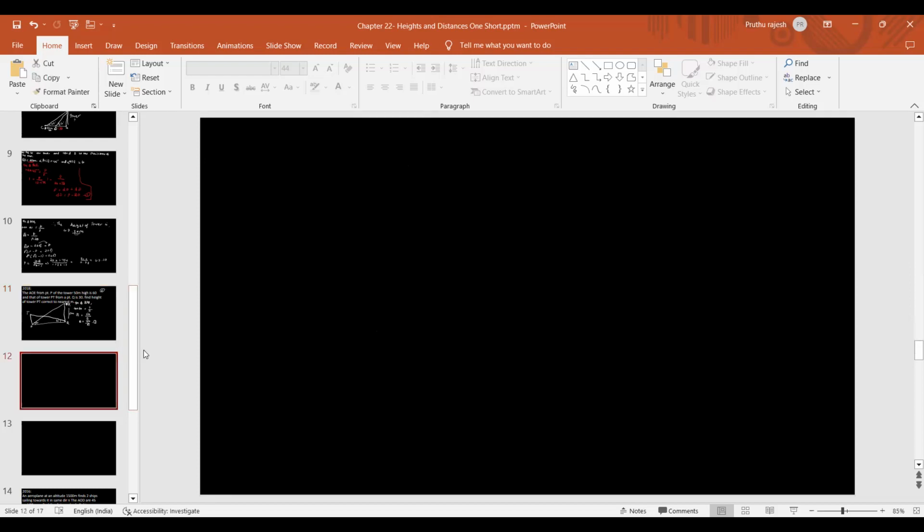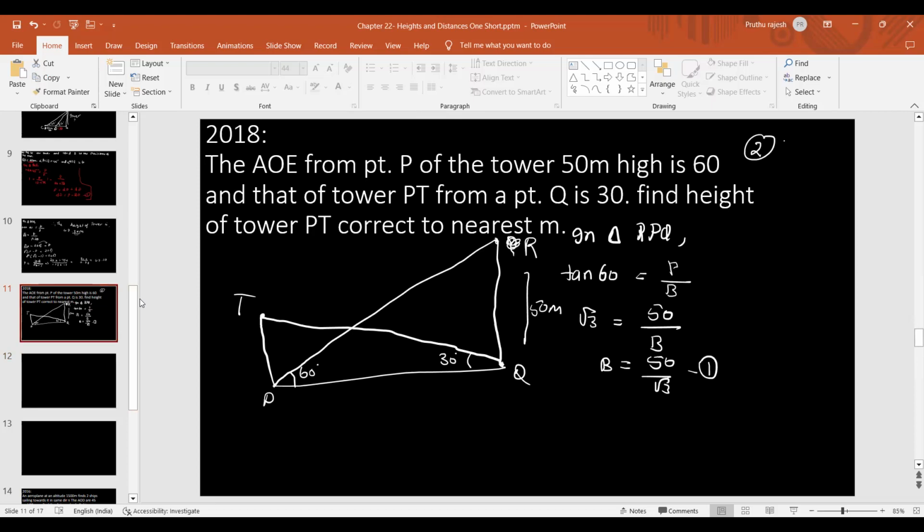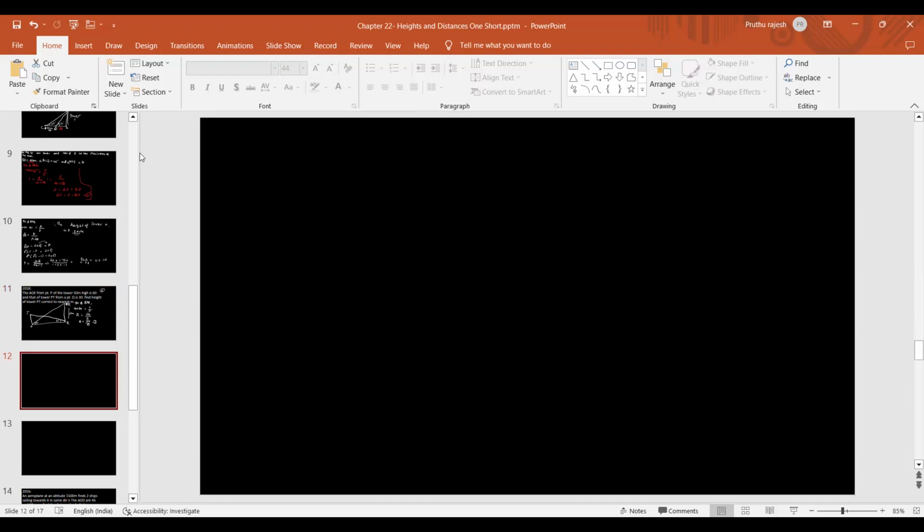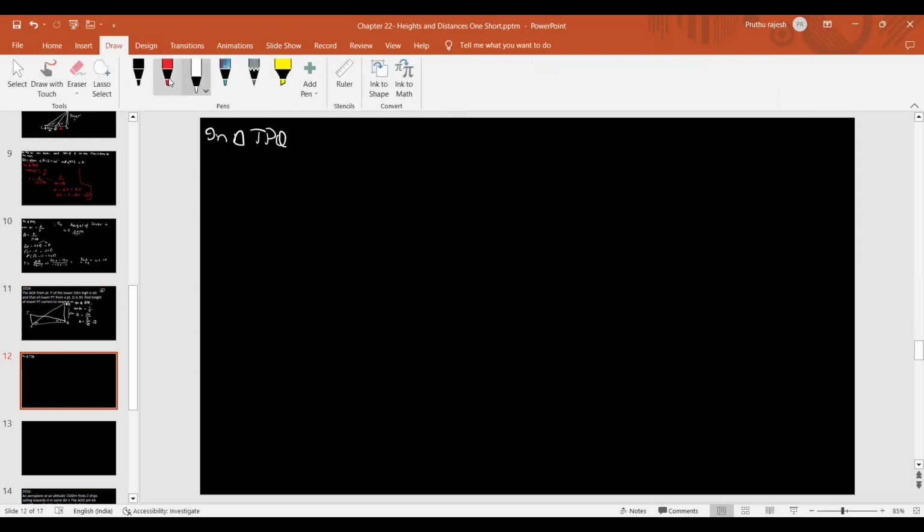Now we have to consider another triangle, TPQ. This triangle TPQ, the angle of elevation is given as 30 degrees. So now in triangle TPQ, tan theta equals perpendicular by base.